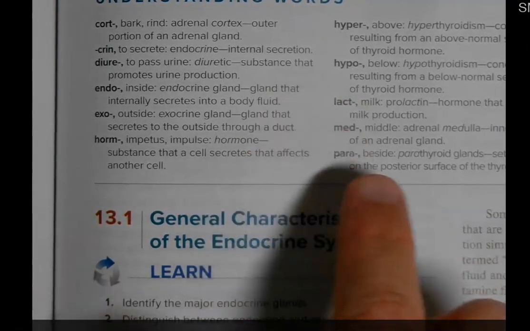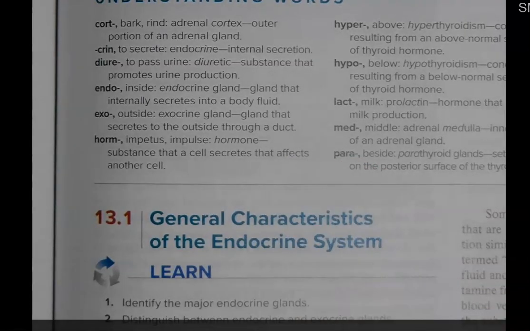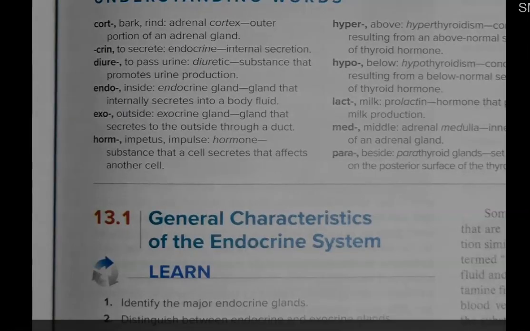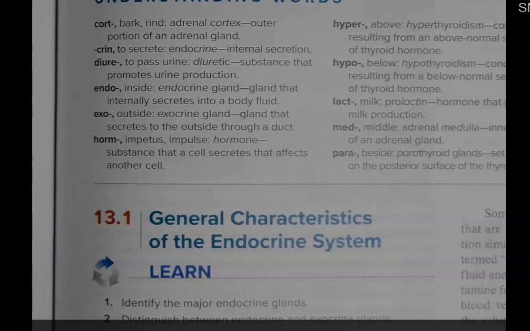A lot of these roots and prefixes come from Latin, some from Greek. As you learn these, you'll meet new words down the road, and you'll be able to use this bit of knowledge to figure new words out.